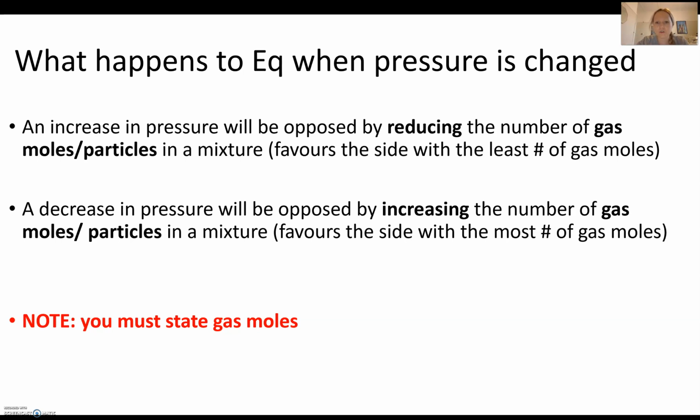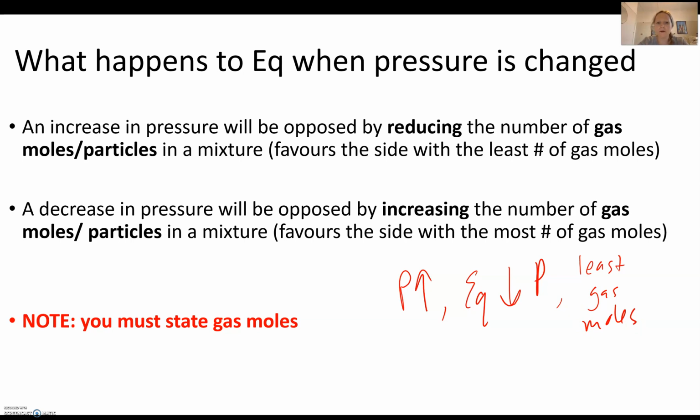So if the pressure of a system is increased, then the equilibrium will shift to decrease the pressure. The only way to decrease the pressure in an equilibrium system, because you can't alter the volume, is to shift to the side with the least gas moles, because fewer particles means a lower pressure, and that'll readjust the system.